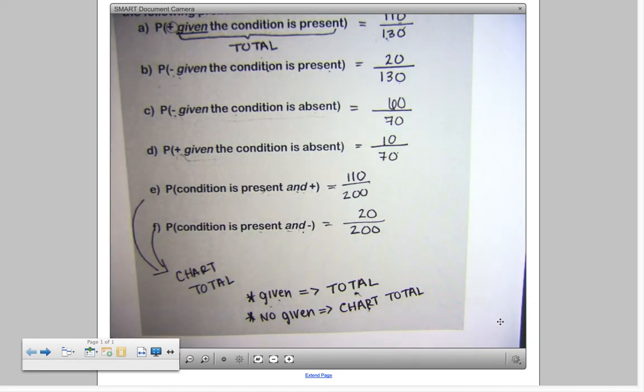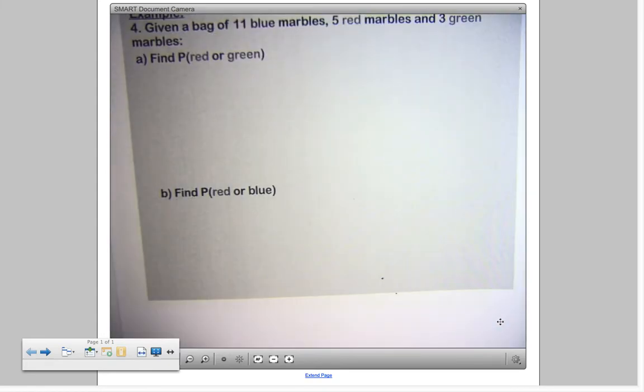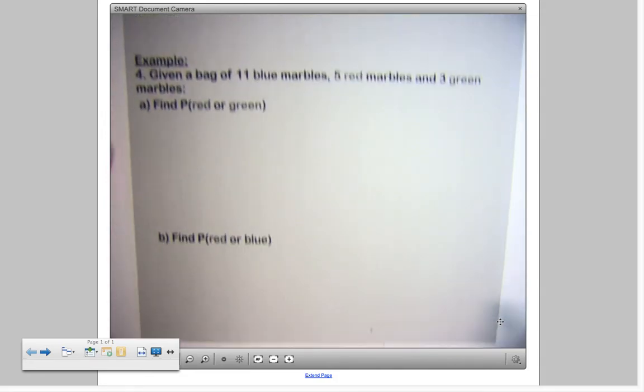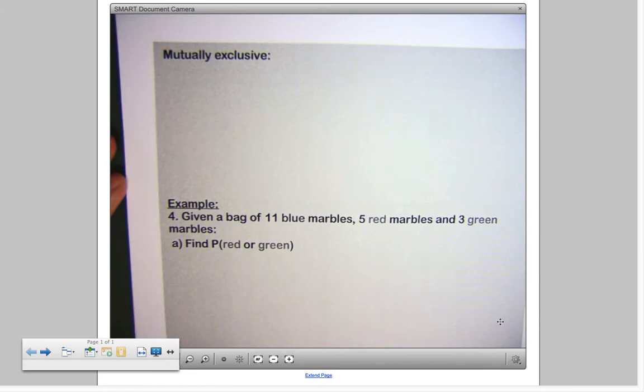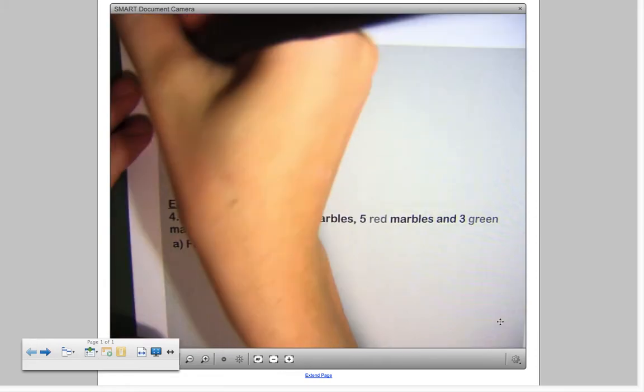Okay, go to the next page. Okay, so this one is over mutually exclusive events. Okay, if they are mutually exclusive, that means they share no events or no common outcomes.